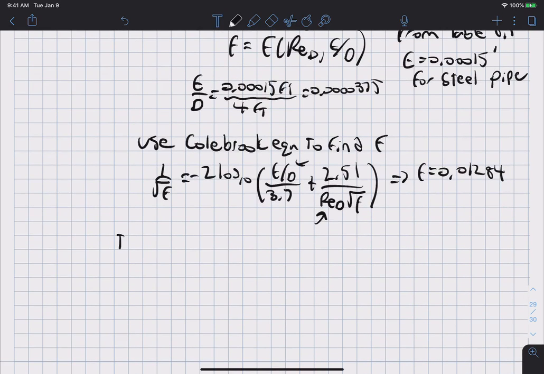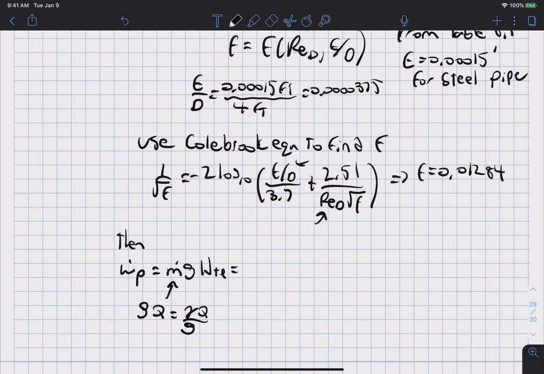Then the pump work equals m dot times g times the total head loss. And m dot is just rho Q, and that equals gamma Q over g.